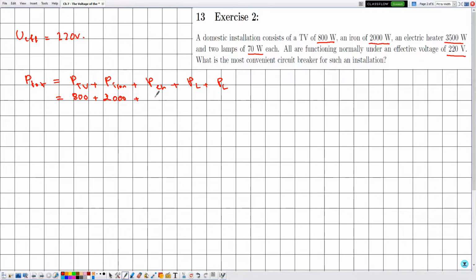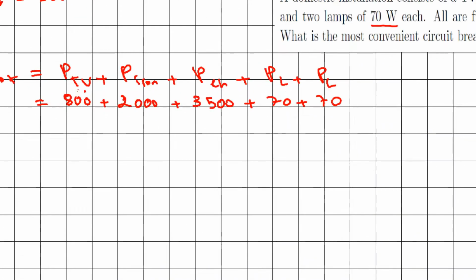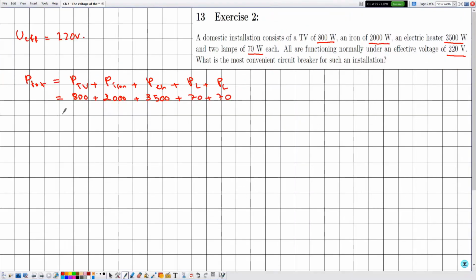The power of the electric heater is given by 3500. And the power of each lamp is given by 70. So notice that all of these are expressed in watts. So the final answer, which is the sum, is given by 4180 watts. Then the total power of this domestic installation is given by 4180 watts.